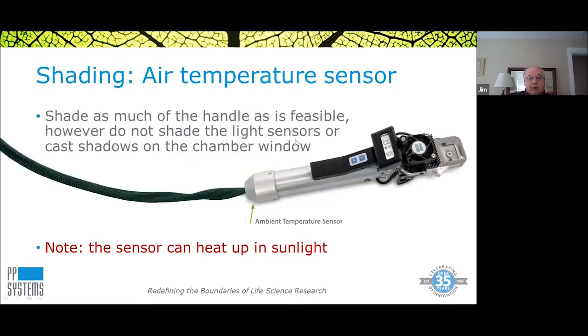The leaf chamber has an air temperature sensor, which is going to be used to control your temperature usually. And that temperature sensor is right here under the base of the handle. So that can heat up in the sunlight. This whole metal, aluminum, whatever the metal is, shiny, silvery handle heats up in the sunshine. So you need to shade as much of that handle as you can, but you don't want to shade your light sensors, the external or your internal light sensors.